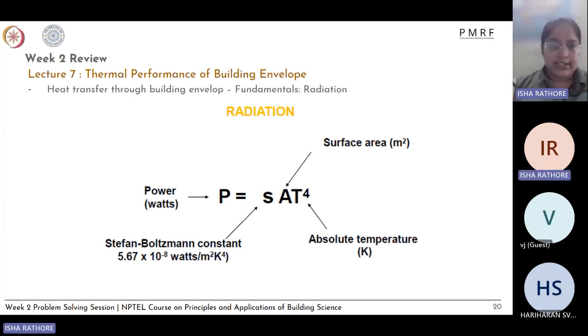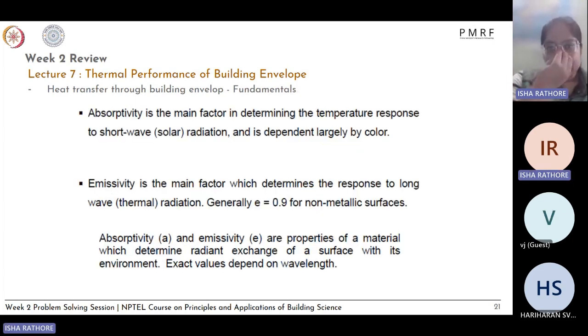So this is radiation. And then there are two terms, which are the absorptivity and the emissivity of the objects or the bodies. These are also used for the surface facade, and these are basically the surface characteristics of the body. If you remember, we looked at factors which affect the heat transfer, and we had surface characteristics.